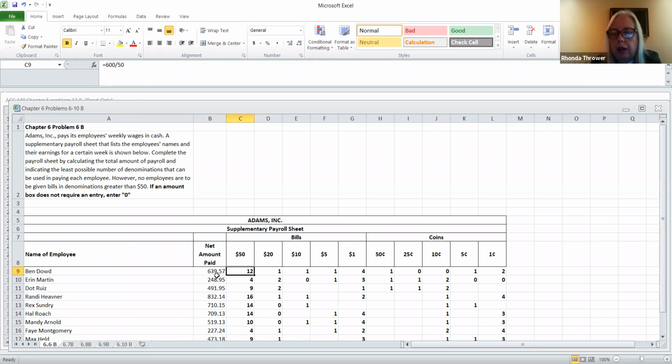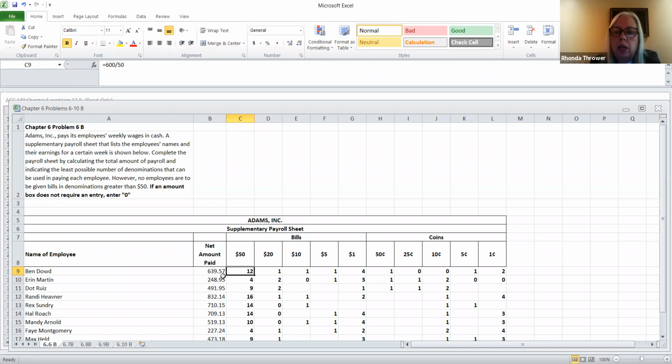The rest of the amount that he is to be paid is $39.57. Because $20 will only go once into $39, we'll need one $20 bill. That would bring us to a total of 600 for $50 bills plus one $20 bill, which would be $620 as a total.